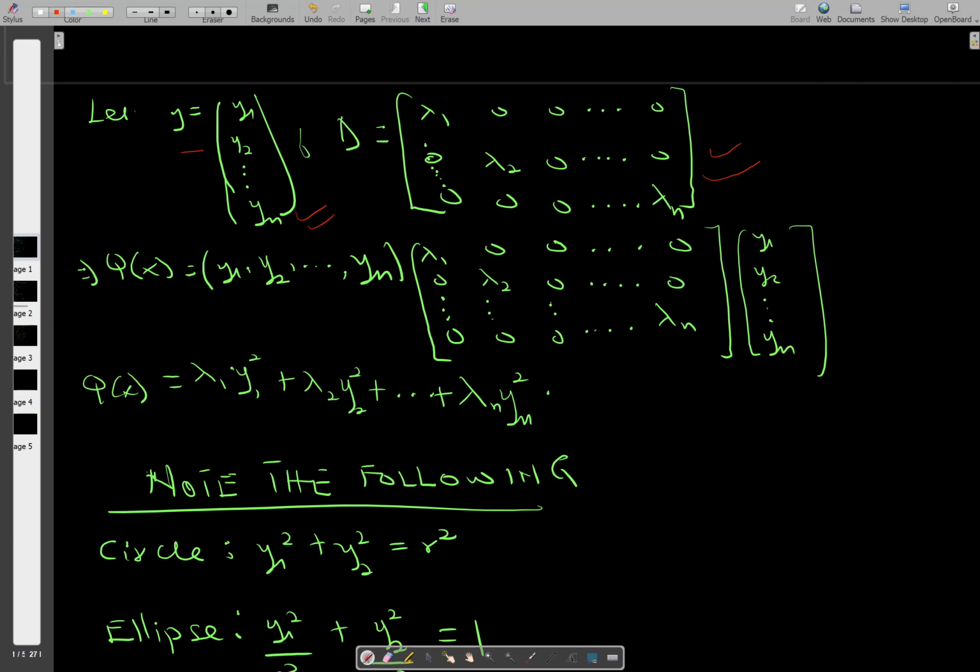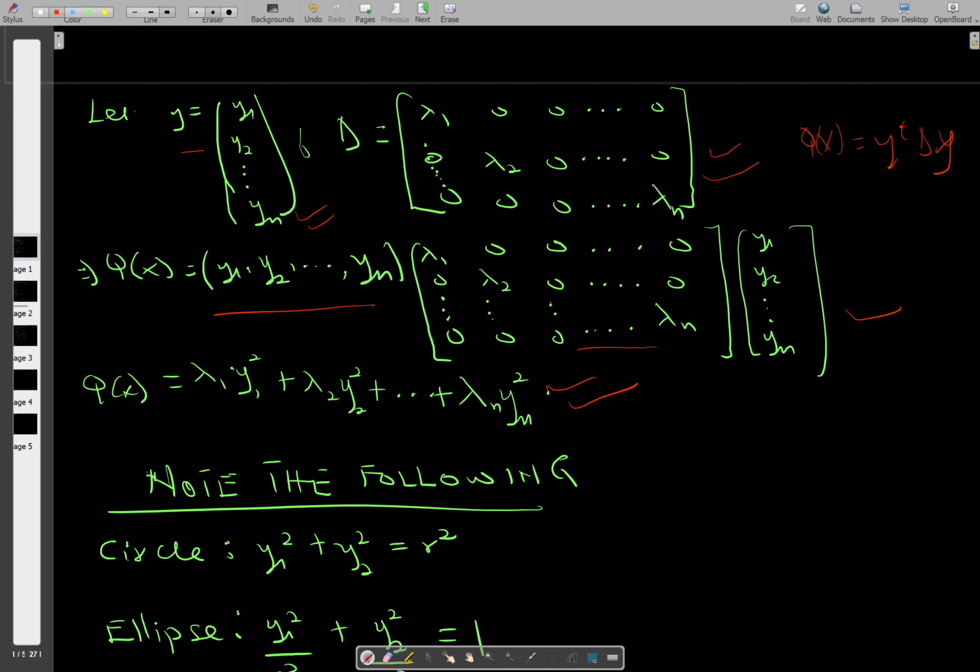We have D, the diagonalized matrix, which is lambda 1, 0, 0 and so on. The diagonal entries of D are the eigenvalues of the symmetric matrix A. Then we see Q of x is y transpose Dy. This is the transpose of y, this is D, and this is y. When you solve this, you get this.